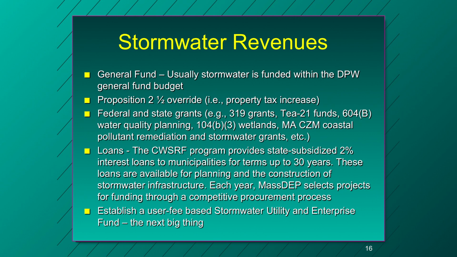That could be a Proposition 2.5 override. You may receive some federal and state grants, as noted here. Stormwater is eligible for the Clean Water SRF program, and think about establishing a user fee-based stormwater utility and enterprise fund. And again, the theme here, to me, is the next big thing that is coming down the road.